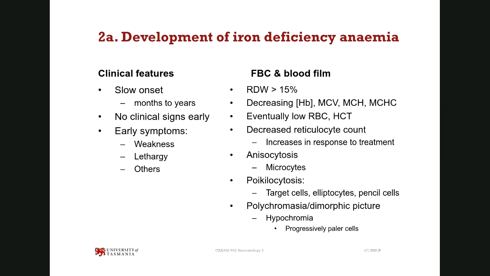So that's something to look out for. But usually that would be a serendipitous finding. So that would be, say, when somebody goes to give blood at the blood bank and they do a full blood check, and then you might see an increased RDW. And if they go on and do iron studies, then they would see that the ferritin is reduced.